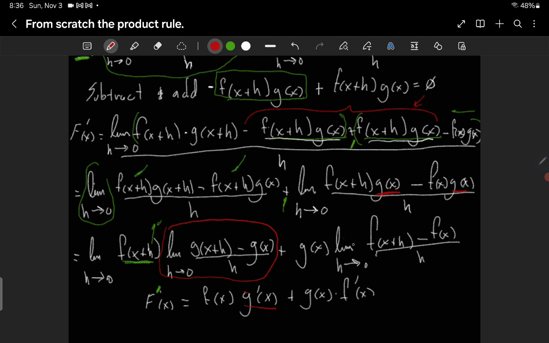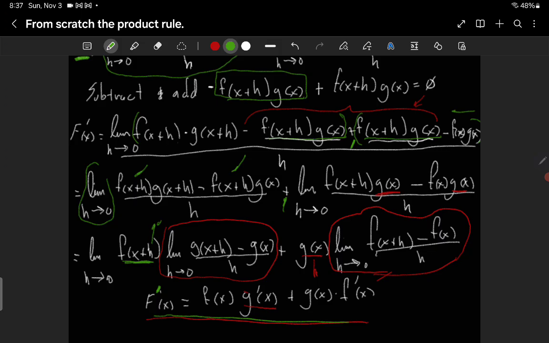And that g of x goes right through the limit because there's no h in it. And guess what this is? This is the definition of f of x. See it? That's by definition. So here I have g of x, right? But this thing is f prime of x. And that's what I wanted to show. See it? Ta-da!